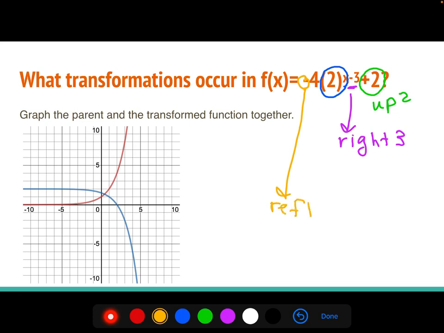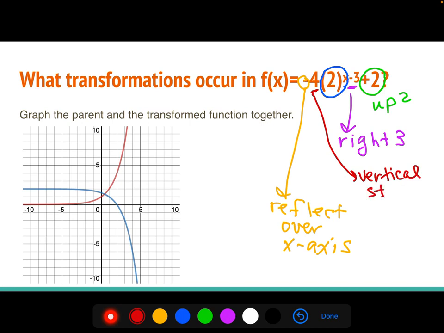In front, there's a negative, so that's the reflect over the x-axis. And then right here, this 4, that's times the 2 to the x, so that's a vertical stretch by 4.